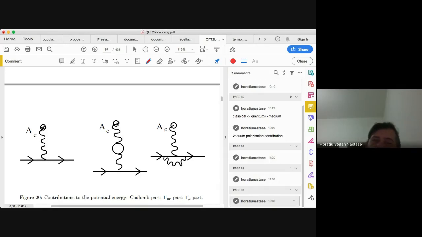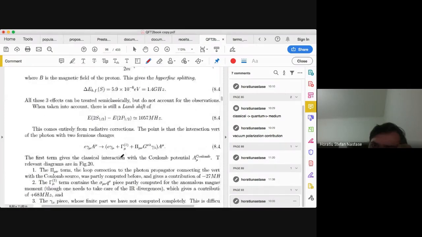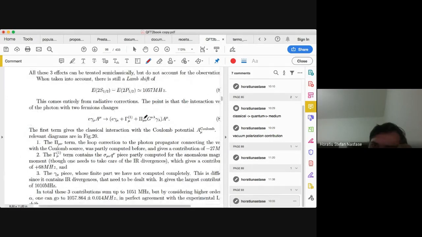So now this thing on this side is still the classical field of the source, the field of the nucleus, but now this connects to the polarization pi alpha beta, and then with the propagator, right?